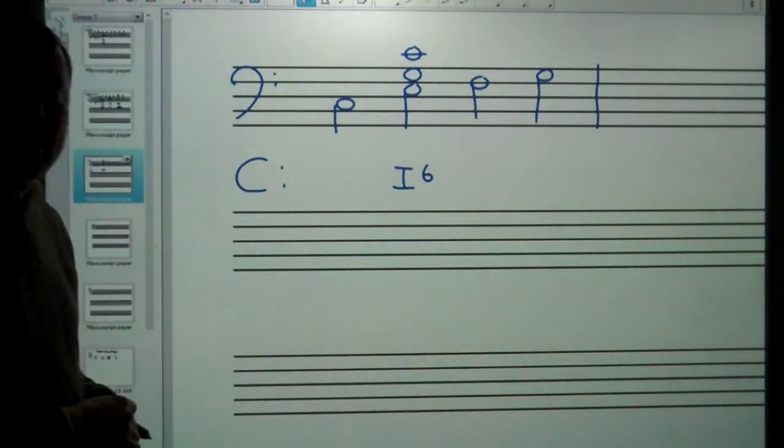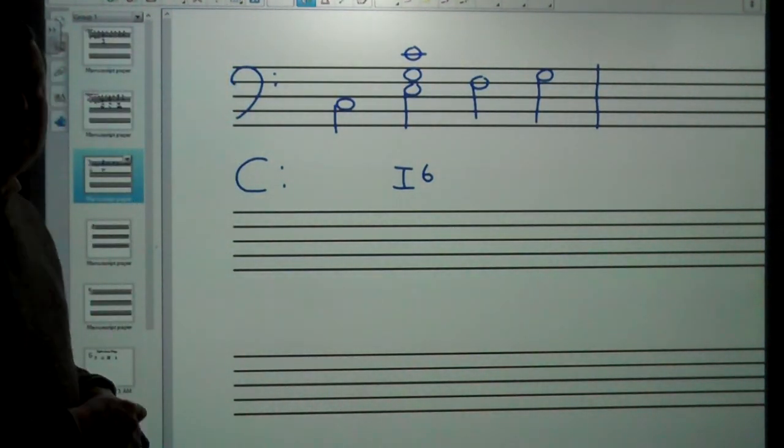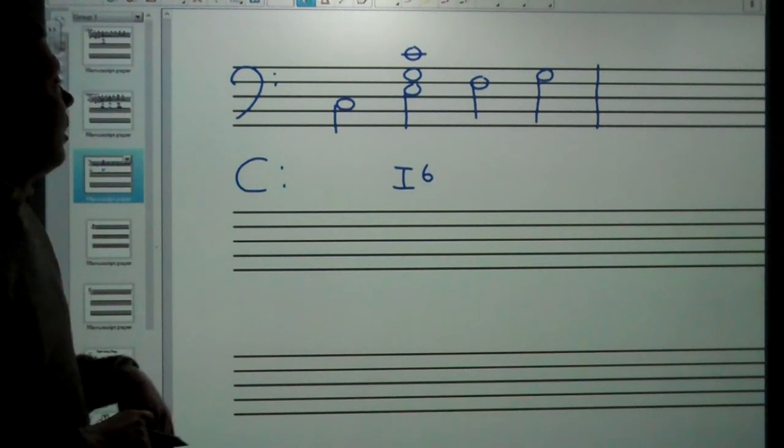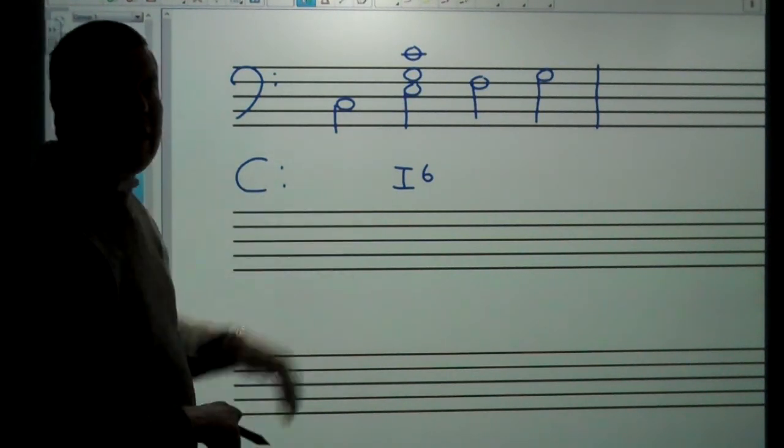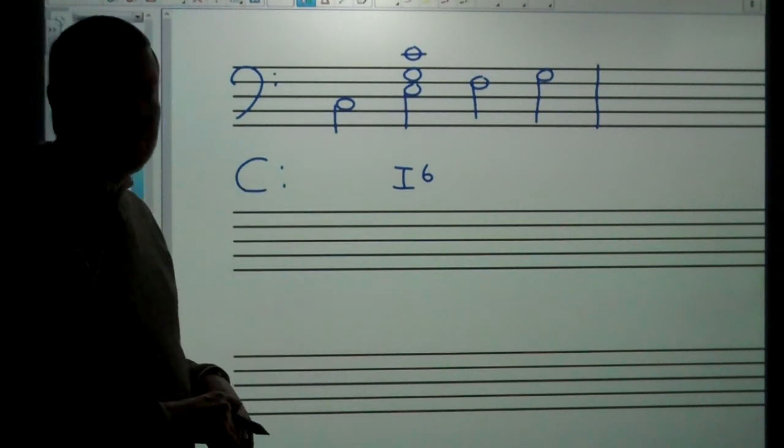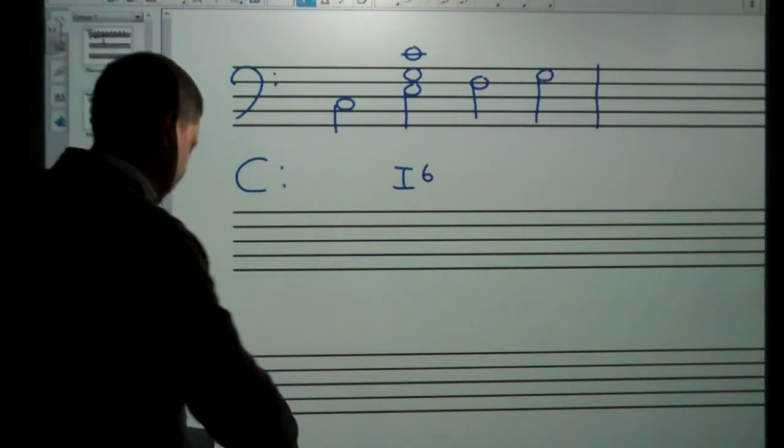One 6 is much more common as a triad when we have scale degree 3 as the lowest sounding pitch in a musical texture.